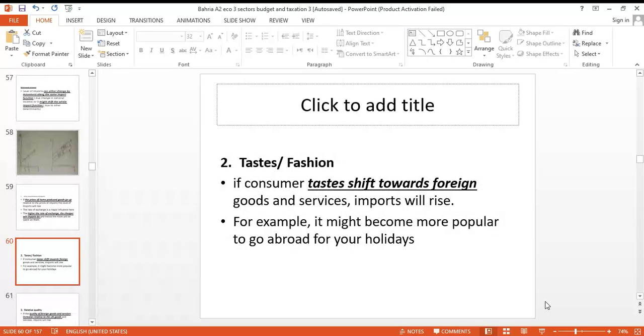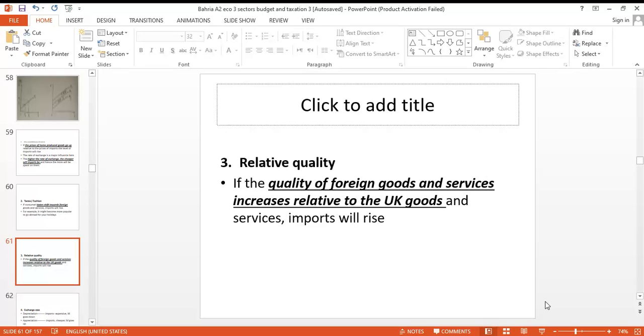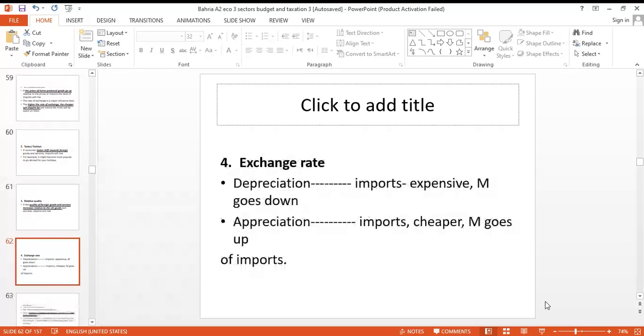Secondly, if there is a shift towards a foreign good, you start demanding American goods or British goods or Indian goods, you import more. If the quality of your good is less and the quality of the foreign good is more, then you're likely going to import more.